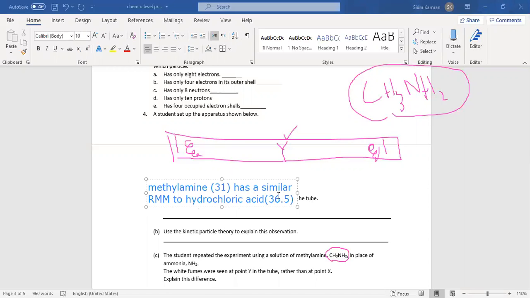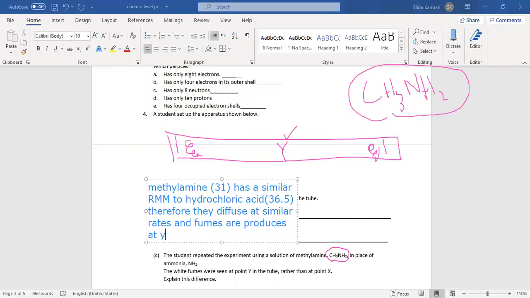So that is approximately or very close to methylamine's relative molecular mass. Therefore, they diffuse at similar rates and fumes are produced at Y instead of X.